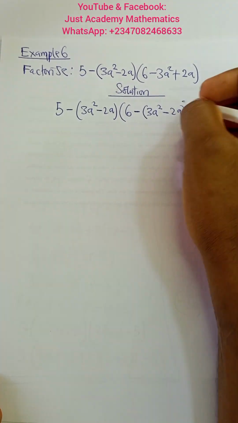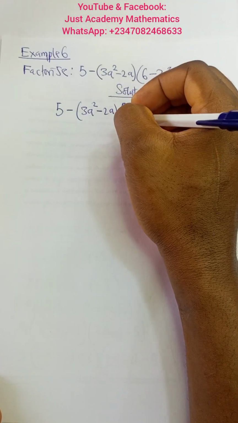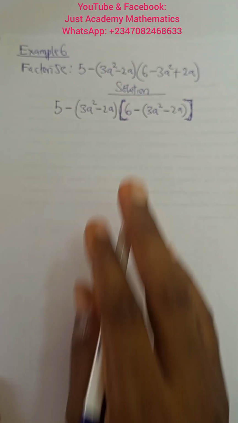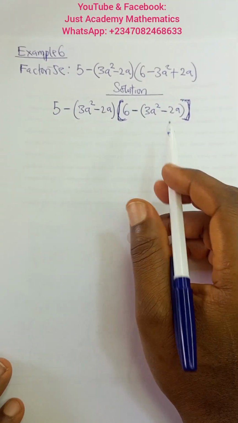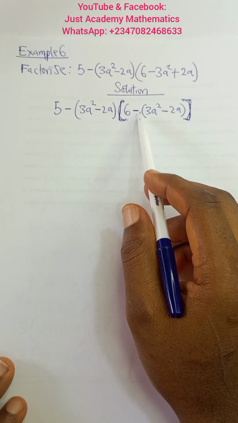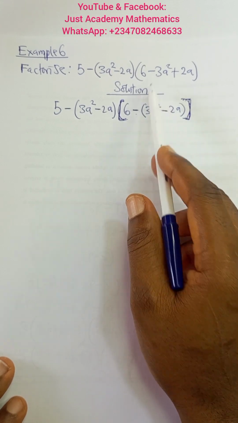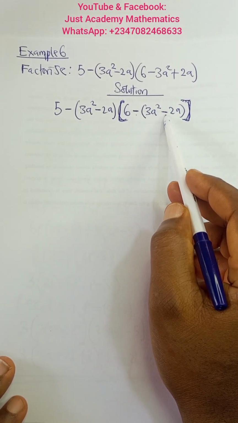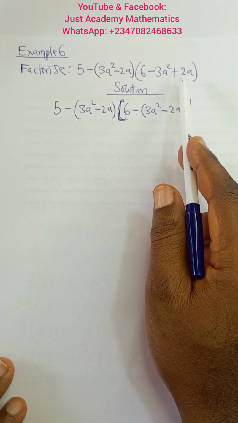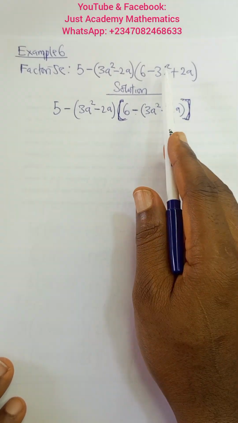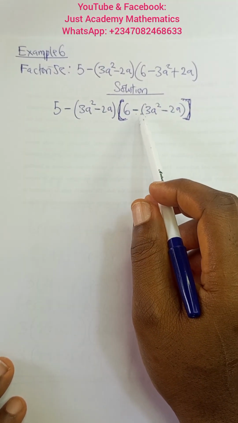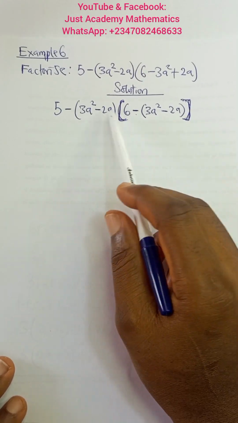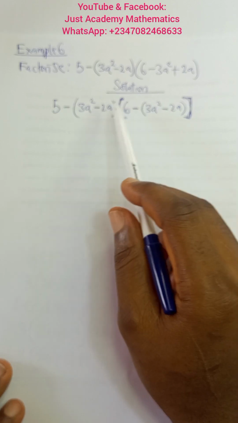Now, look at this. Minus times 3a squared will give you minus 3a squared. Minus times minus will give you plus. So this and this are still the same thing. But we have succeeded in making these two look alike.